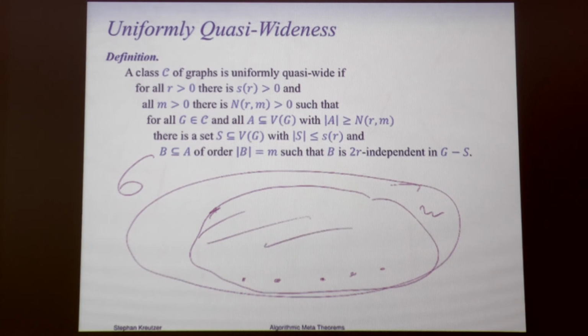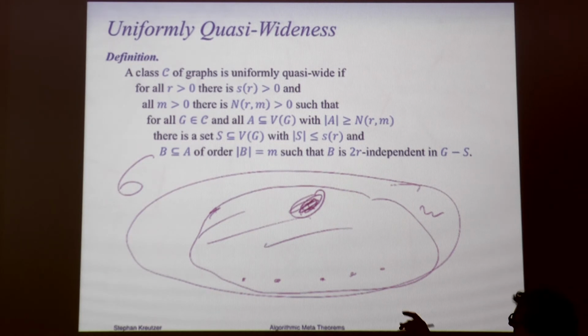And then what this property just says is, for every radius you give me, so it's 2r independent, for every r there's a constant number of vertices. There's a set S, this one. And you only have s(r) many vertices, so it's a constant.